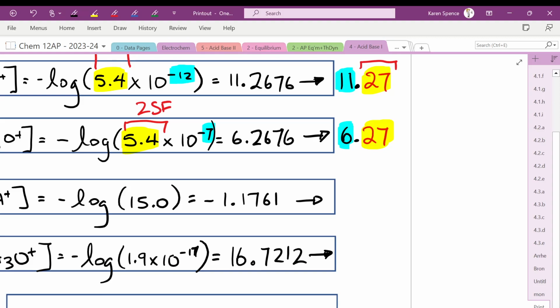Now, I put this next example in because I wanted to make sure that you felt good about the fact that you can have a negative pH. It does exist. It just means that the concentration is very large. Very acidic, very concentrated.